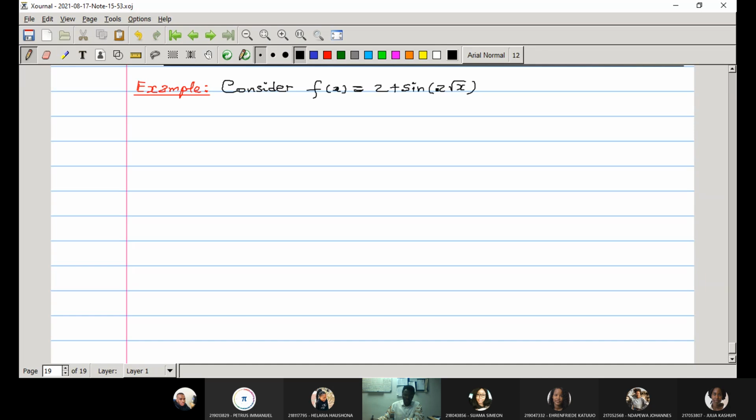So that is our f of x. You're asked to use 11 sample points to compute an approximation of the integral.